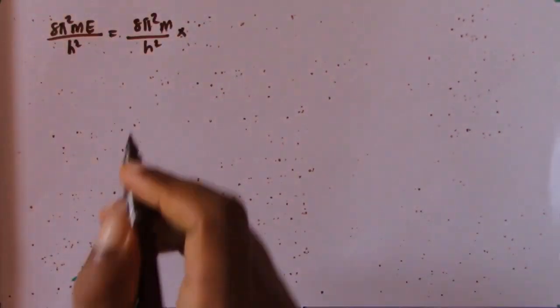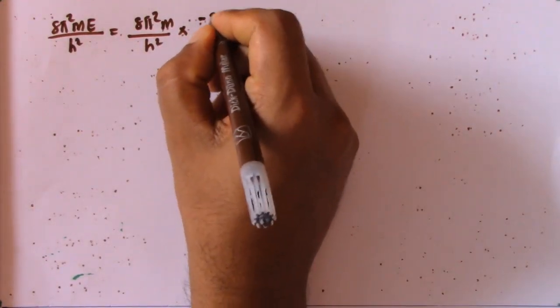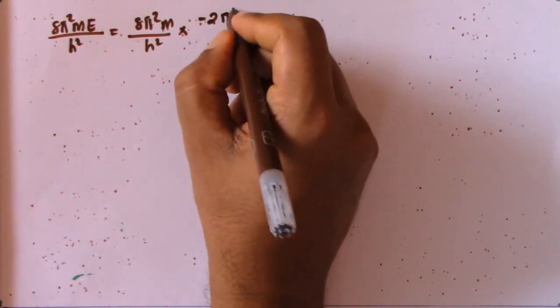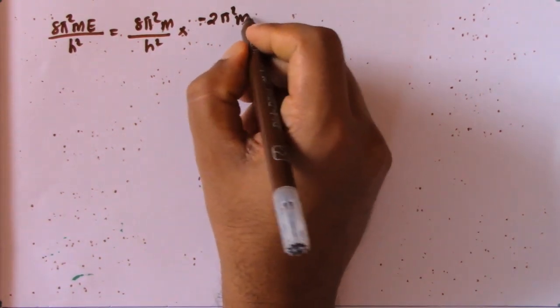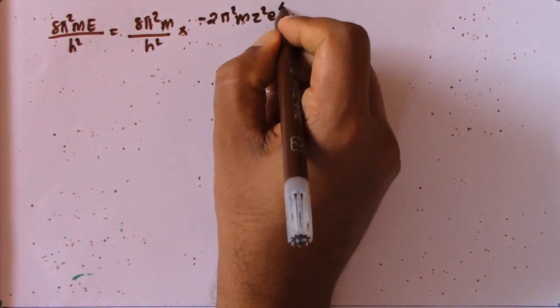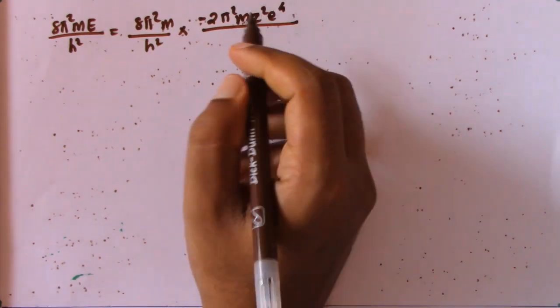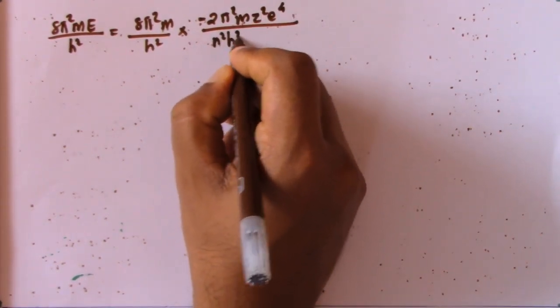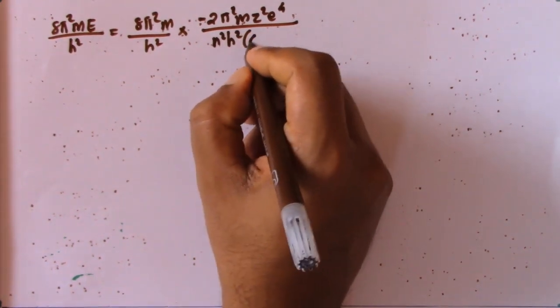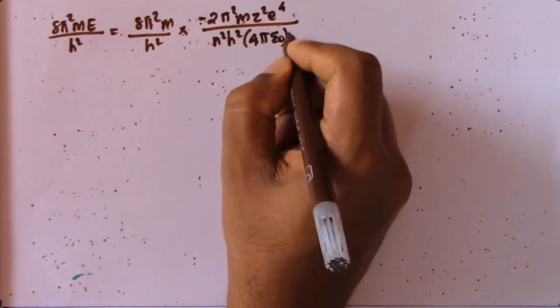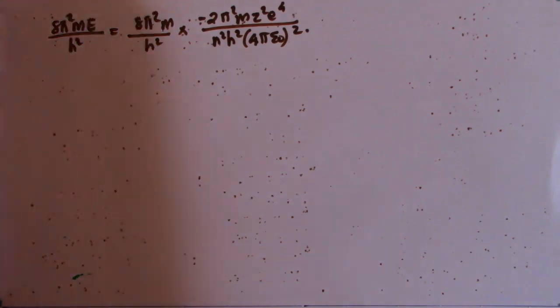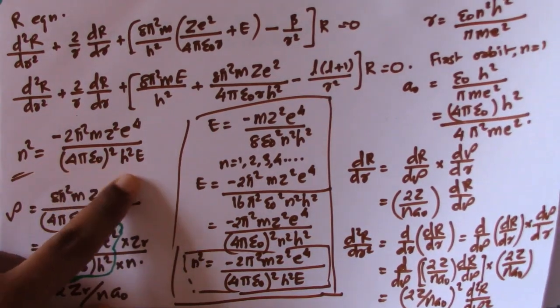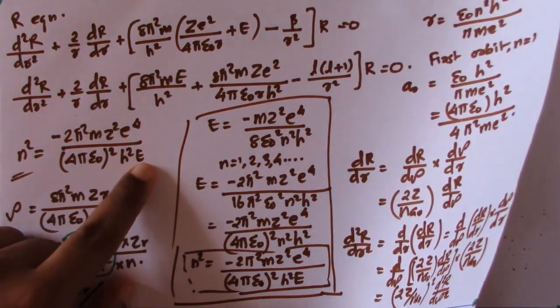So that is equal to minus 2 pi square m z square e raised to 4 divided by n square h square h square into 4 pi epsilon 0 the whole square. I just substituted the value of e from here, so the n square came here and e went there.